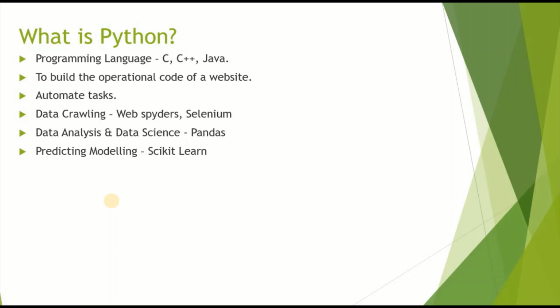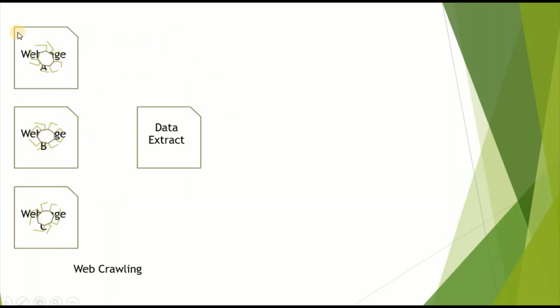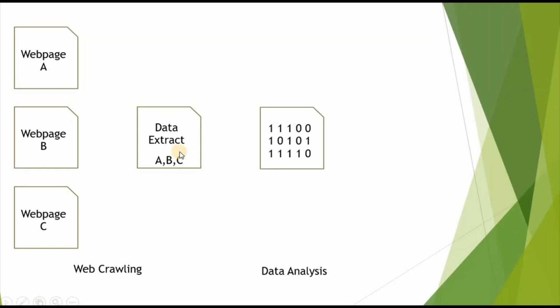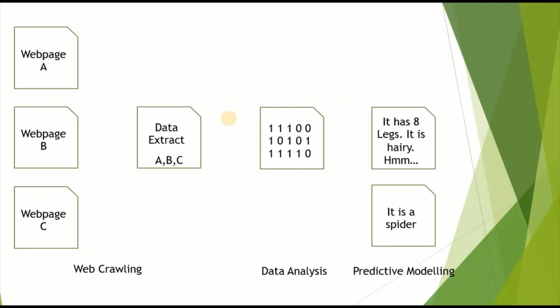So basically when we talk about data crawling, we are creating spiders to crawl data from multiple web pages, and we will have all the data stored in our data extract, whereby we have all the data coming from web page A, B, and C. Once we have all the data extracted, we can use Python Pandas to transform the data into machine readable inputs for machine learning, right?